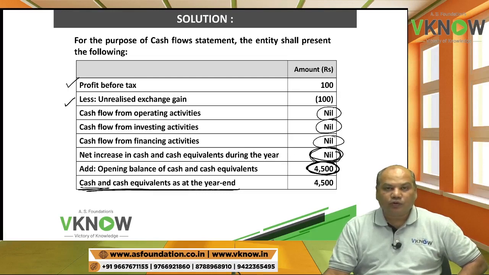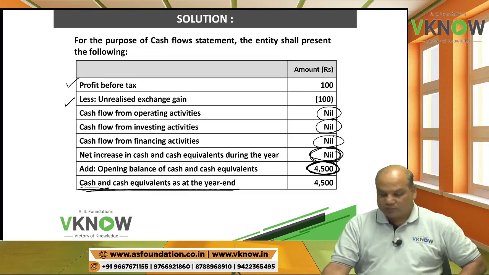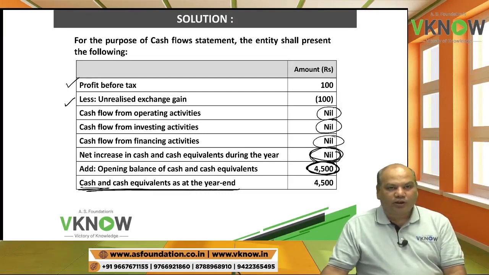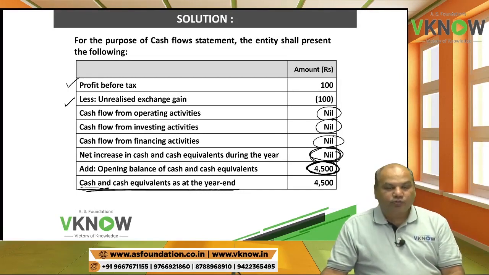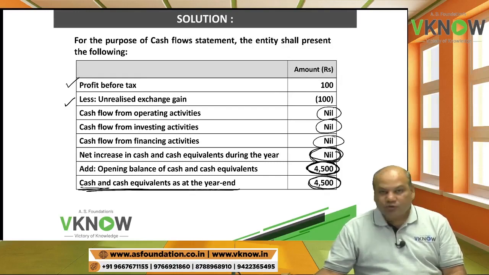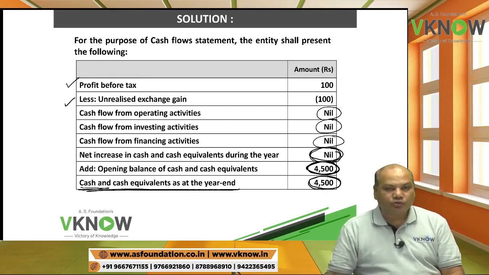Cash and cash equivalent at the end of the year is 4,500. This is what cash flow statement will show.